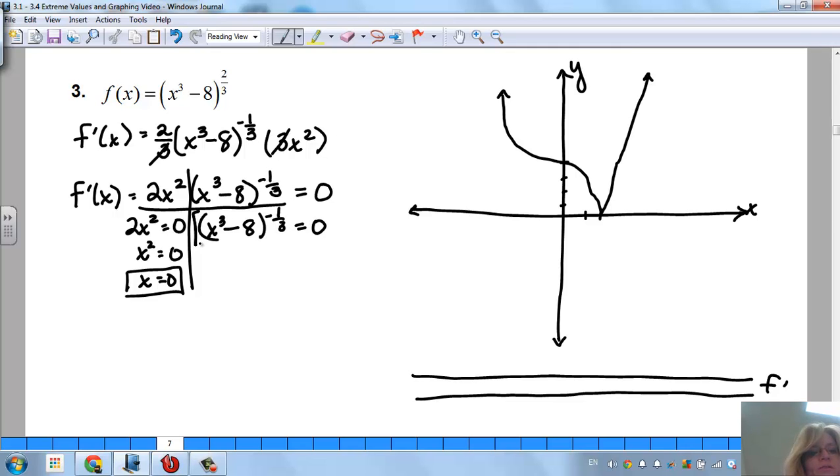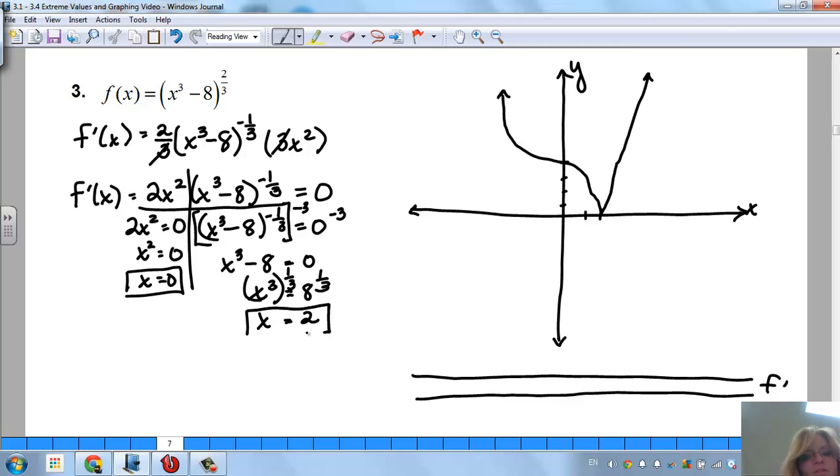I'm going to raise both sides to the negative 3 power, which makes that a 1. So I have x cubed minus 8 equals 0. Move the 8 over, x cubed equals 8. Take the cube root on both sides, so x equals 2. Both of these make me very happy because we just looked and thought, well, it looks like this could be a point and this could be a point.